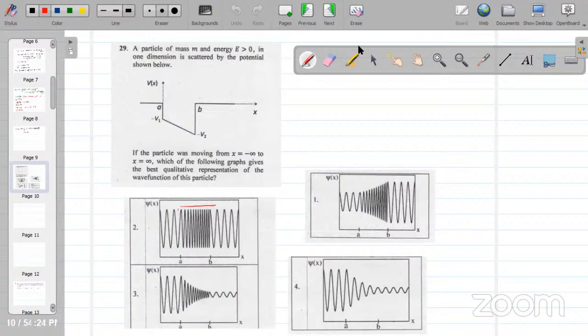Okay, so I think here what they expect is not to solve the problem, but using some property that you are already aware of, you should be able to guess this answer. So what information can we use?